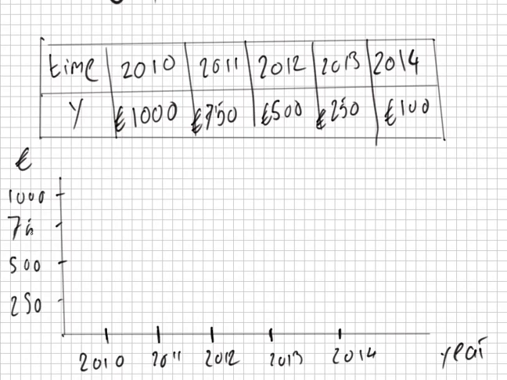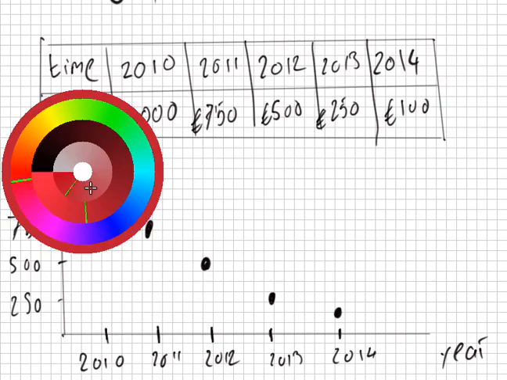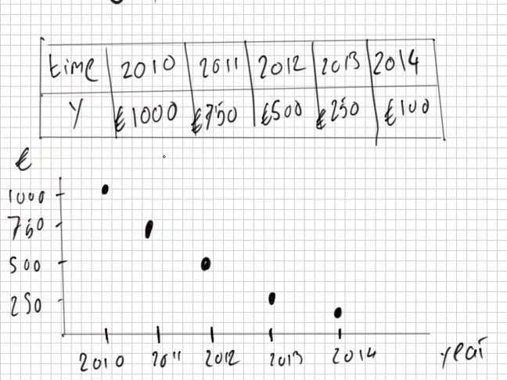Okay, so the first one is 2010, then 2011 goes there, 2012 would go there, and then there, and then there. And what's very important with line graphs is that you must connect them as straight lines between points. It's never a curve.